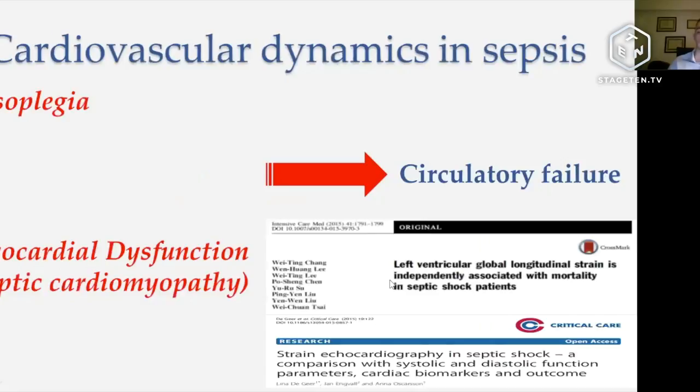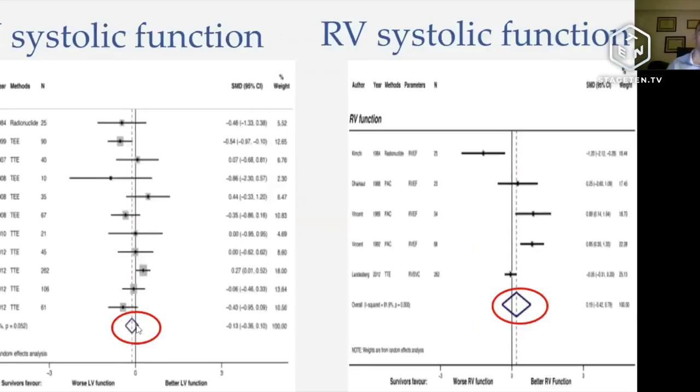What they found: no association between LV systolic function and mortality, and similarly for the RV systolic function. But I find it very interesting that the p-value is low, and the forest plot almost crosses the midline because it favors survival in patients with worse LV function.